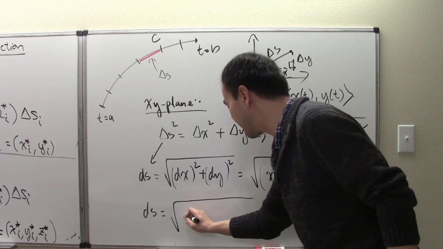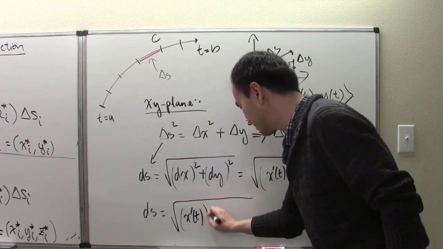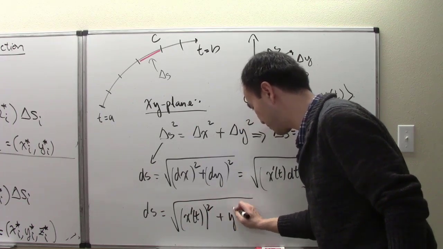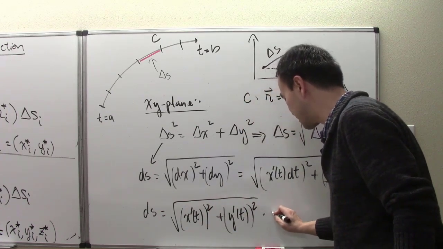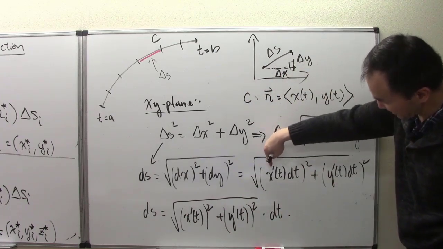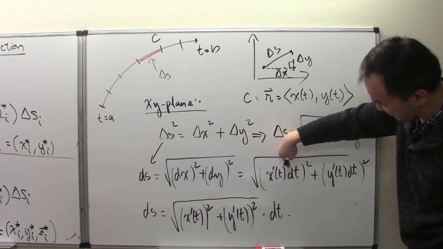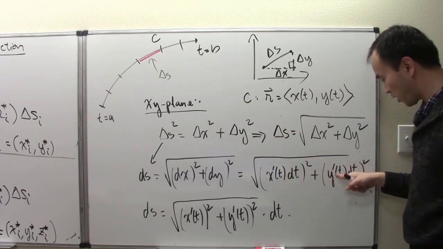So here I'm looking at x prime of t squared plus y prime of t squared, and then multiplied by dt. The truth behind the scene is, right here, it's x prime of t times dt, all squared, plus y prime of t times dt, all squared.